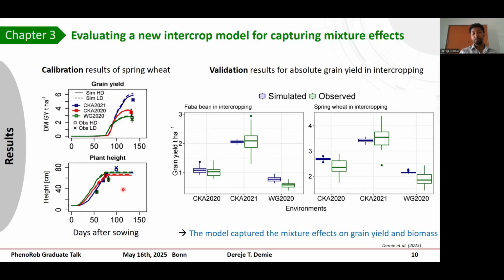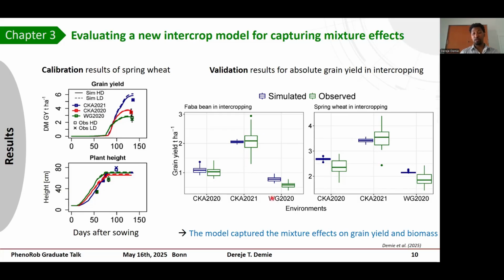When we see the validation results, this is for absolute grain yield for two species, faba bean and spring wheat, in intercropping for three sites. The x-axis here is the environment: CKA 2020, CKA 2021, and Wiesengut 2020. The blue one is simulated, and the green is the observation for both species.